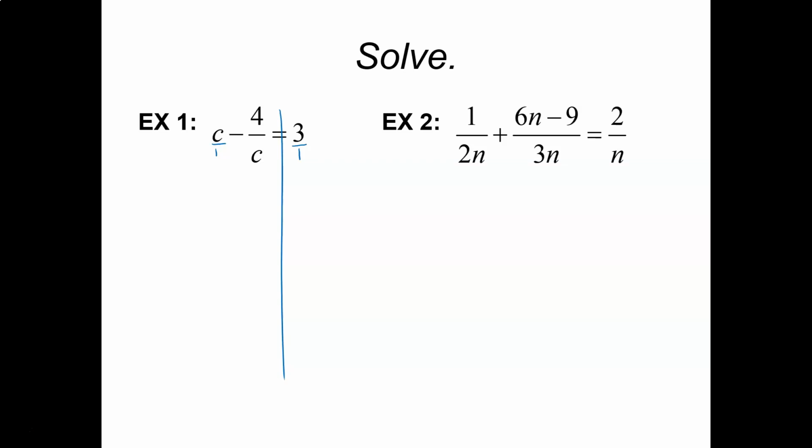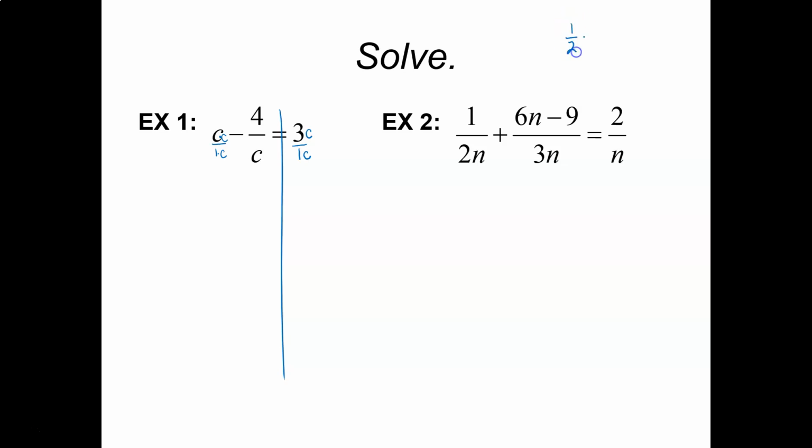So if you have anything that is not a fraction, you want to put it over 1 to make it a fraction. And this one's pretty simple on the denominator. C is my denominator right here, so I just need to turn all of the denominators to be C. To do that, I'm going to multiply the numerator and the denominator of each term by C. I can do that because if I multiply the top of a fraction by something and the bottom of a fraction by something, then it's like multiplying by 1.